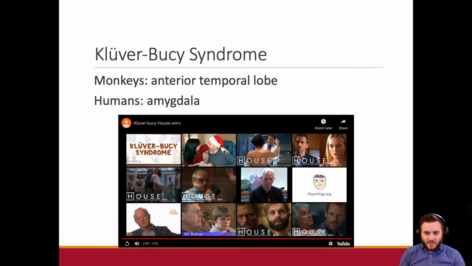Failure to identify objects, loss of normal fear and anger responses. So a reduction in fear response, so less fear, as well as a reduction in anger responses, which is quite interesting.